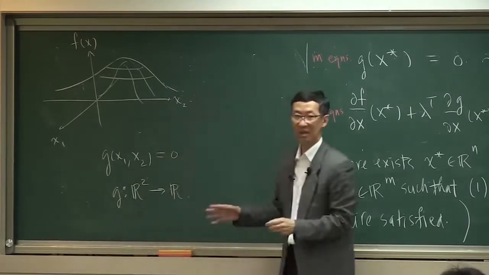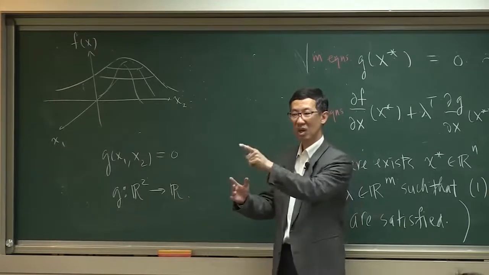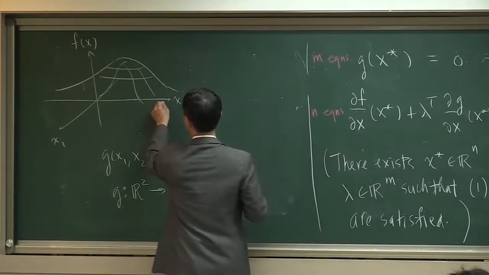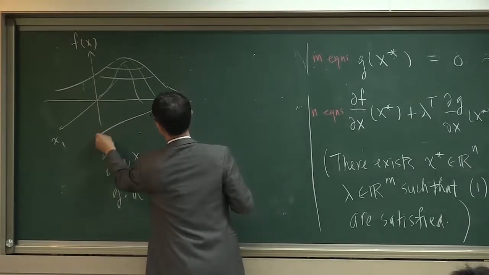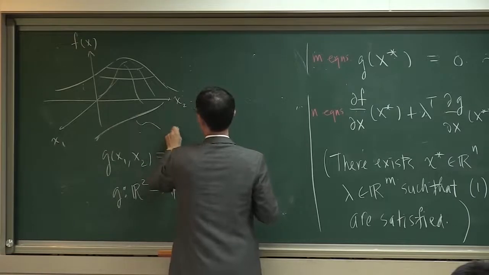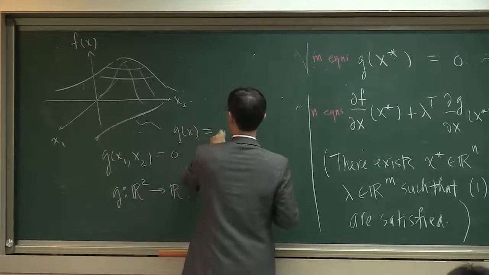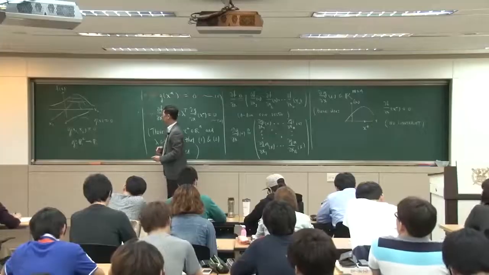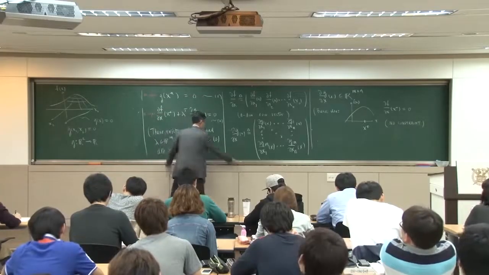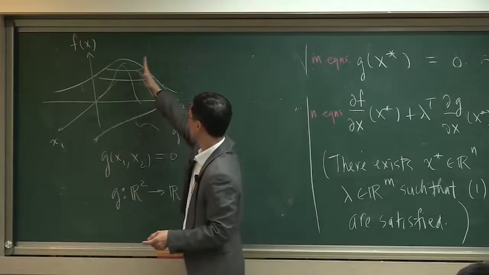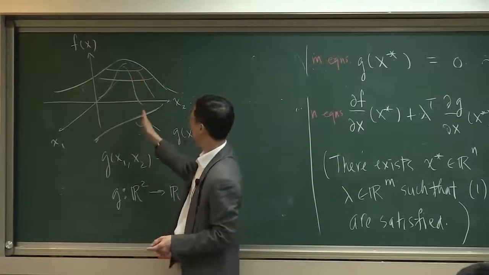So what does this define? This defines some curve in x1, x2 space, some curve like that. So this is the equation given by g of x equals 0. This implies that we want to find, along this curve, the point at which f is maximized.